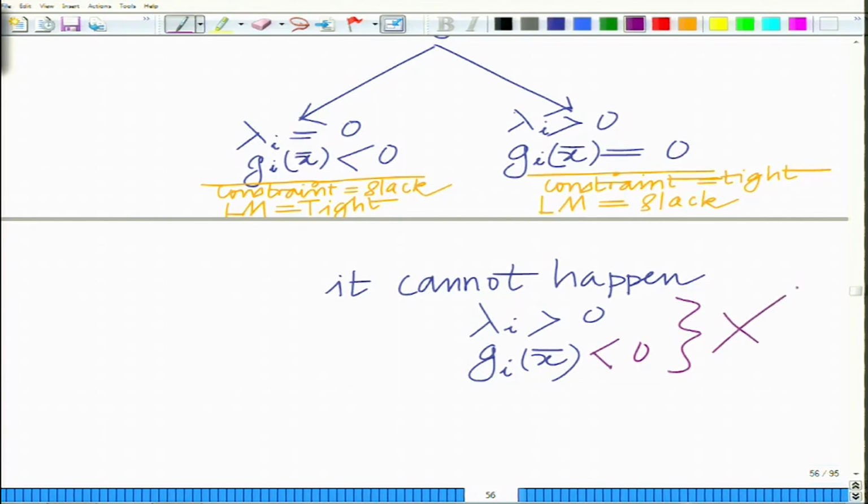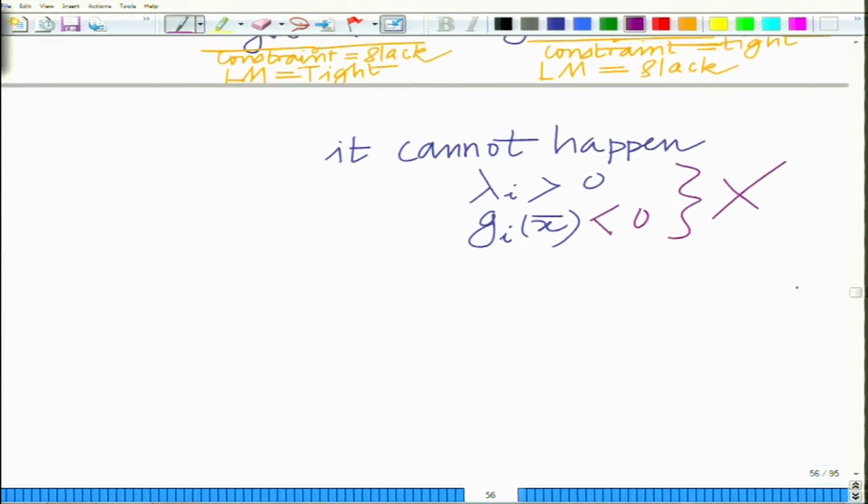This is not possible, because lambda i into g i of x bar must equal 0, which means either constraint or Lagrange multiplier has to be slack. This is termed as complementary slackness. So, these complement each other.